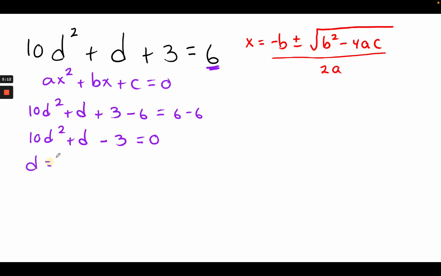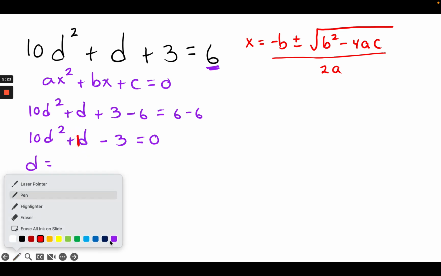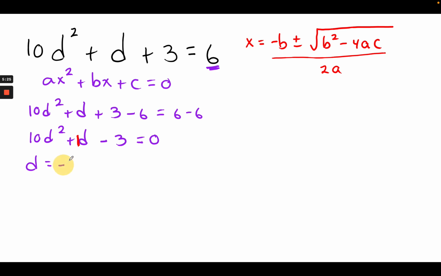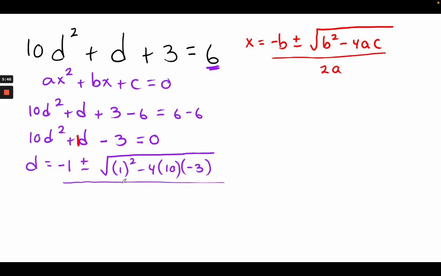So d equals negative b. Okay, in this case, what does negative b equal? Right, it's negative 1. So we're going to do negative 1 plus or minus the square root of b squared, so that's 1 squared, minus 4 times a, that's going to be 10, times c, which is negative 3, all over 2 times a, which is 10.